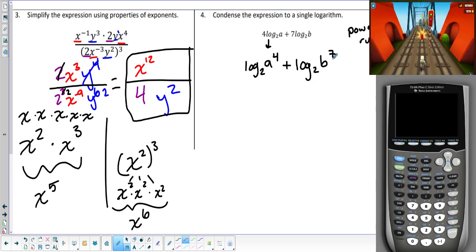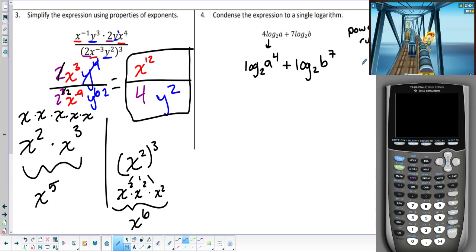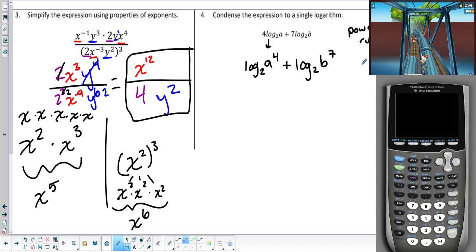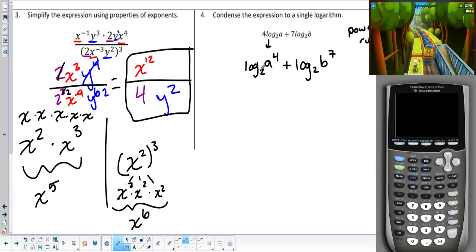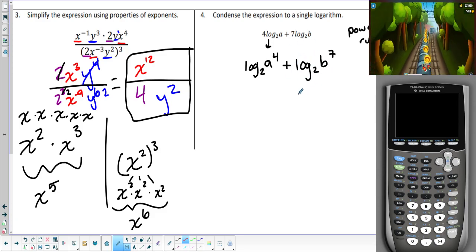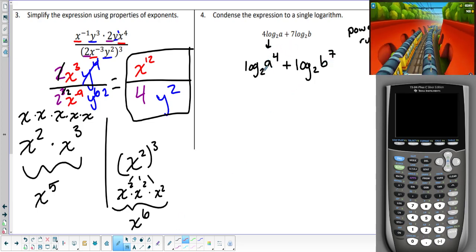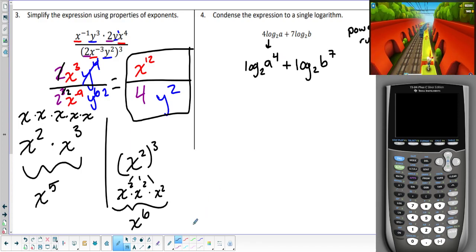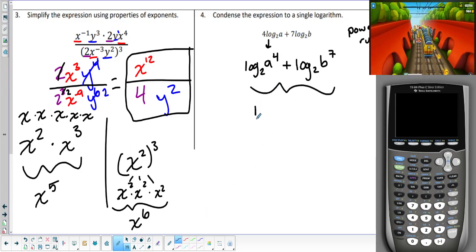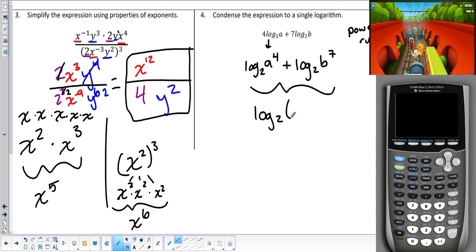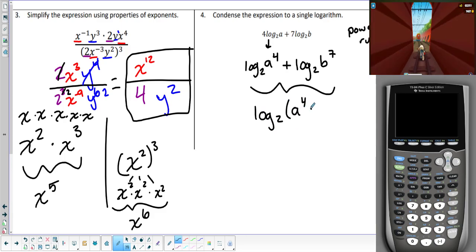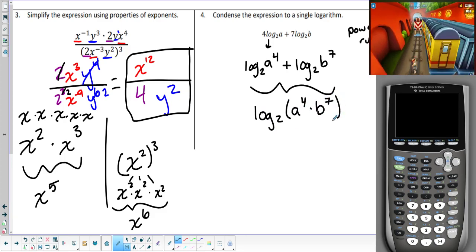All right, and then the other rule we need to know is the log multiplication, right? It's the top one, I believe, on your sheet with the columns. And it's that when we add two logs together, if they have the same base, well, that's the same as if I multiplied the arguments together. So this whole thing is the same as log base 2 of a to the 4th times b to the 7th, right?